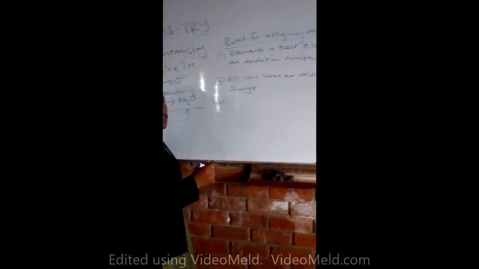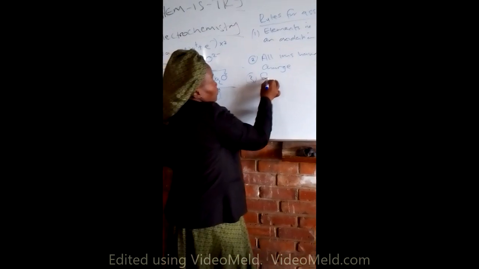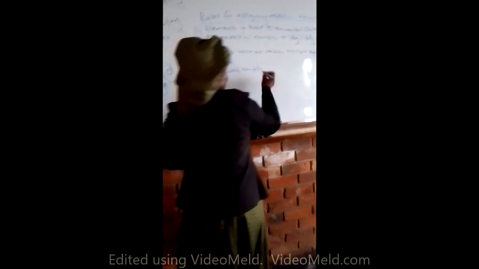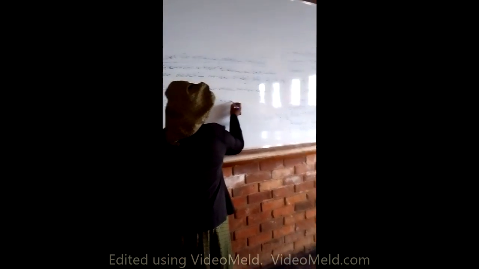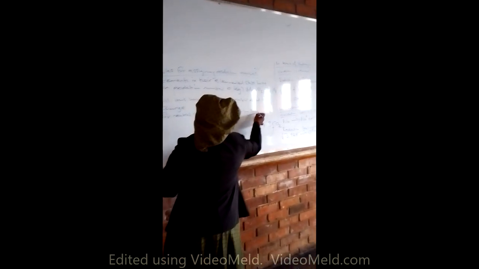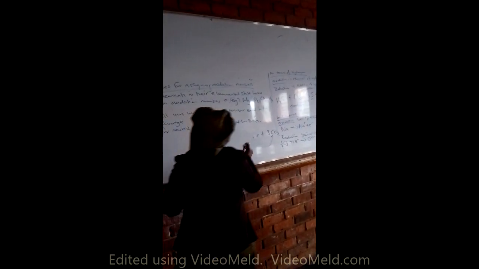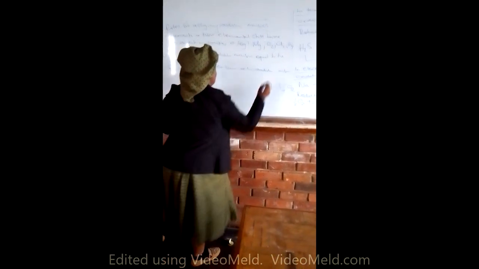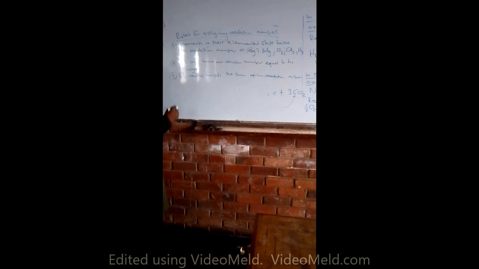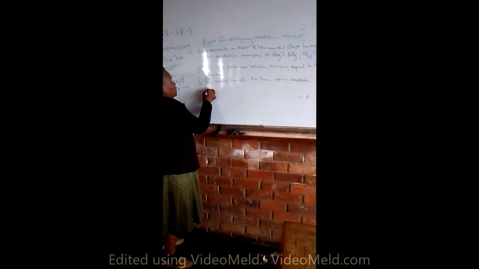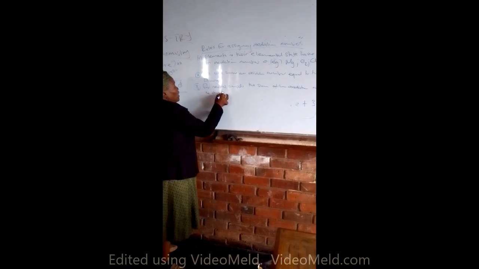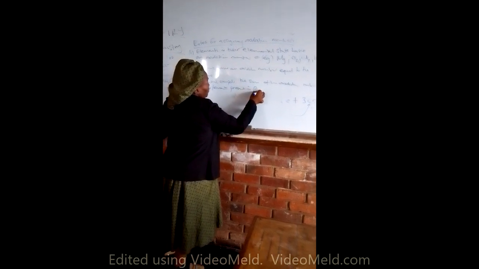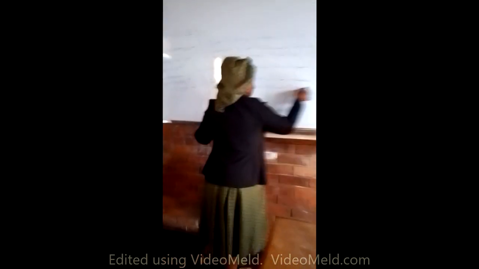Three, for neutral compounds, the sum of the oxidation numbers of the atoms or elements present in the formula is equal to 0.